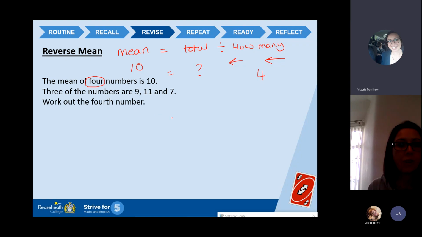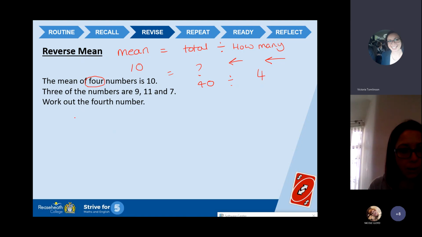So we know that the total of the numbers needs to come to 40. So that works, doesn't it? 40 divided by 4 is 10. If we know that the total comes to 40, we can then work out what the final number is. So we've got here 9 plus 11 plus 7, 27.